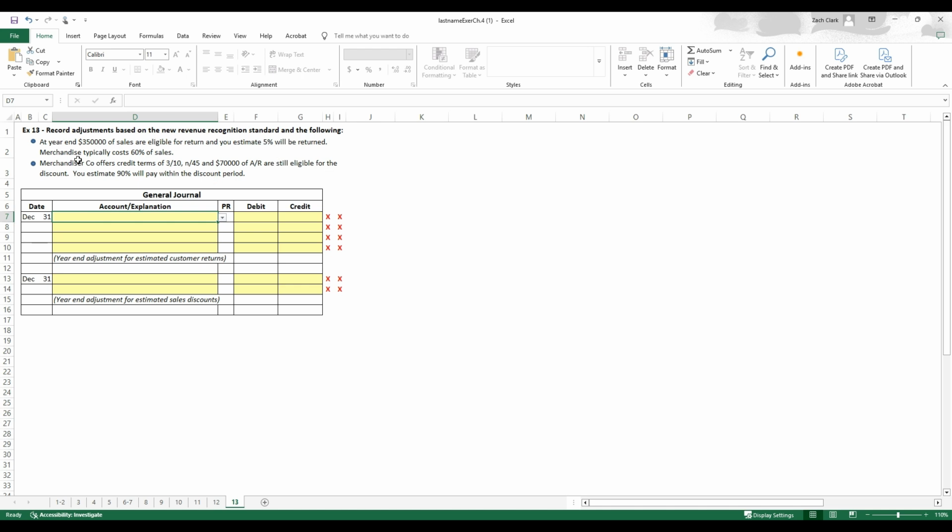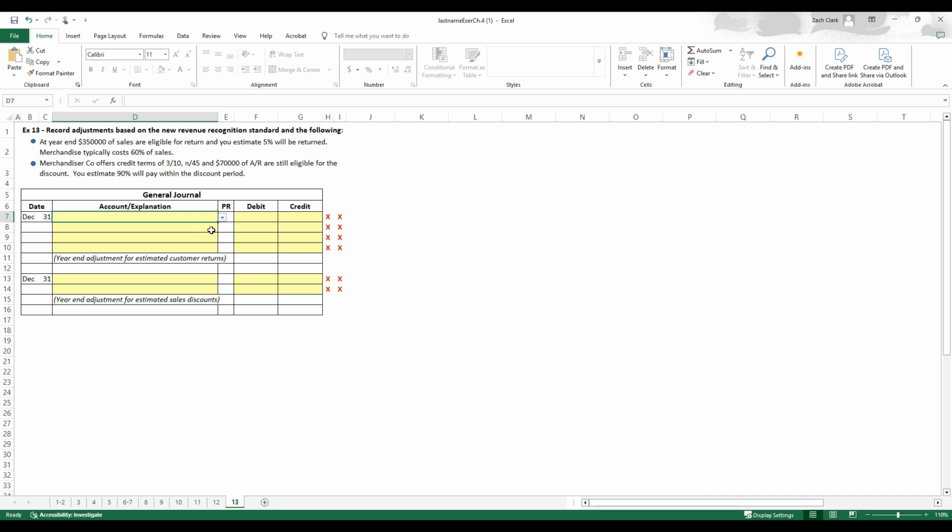These aren't returns and allowances that have actually happened, but based on these revenue recognition standards that have come out relatively recently, we have to do some journal entries to adjust our ending sales and our discounts, to adjust our net sales overall to account for the fact that it's likely that there will be some returns, and there will be some discounts taken still on the amounts that are eligible for those things.